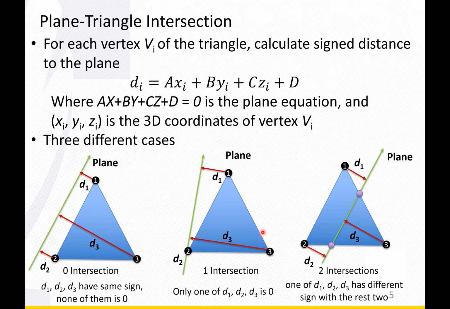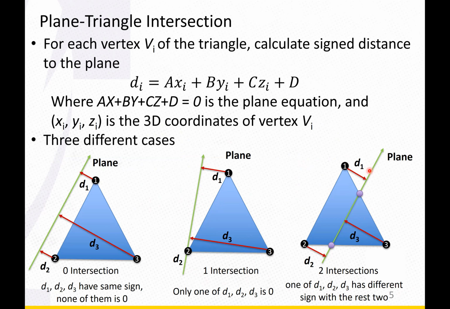Another case is if there's one signed distance equal to 0, that means the plane will intersect this triangle at one vertex. So you have one intersection in this case. But I would say the most common case, if there's an intersection, is that there are 2 intersections, meaning among the 3 distances from the 3 vertices to this plane, one of these distances has a different sign from the other 2.